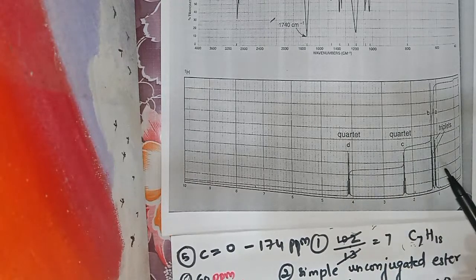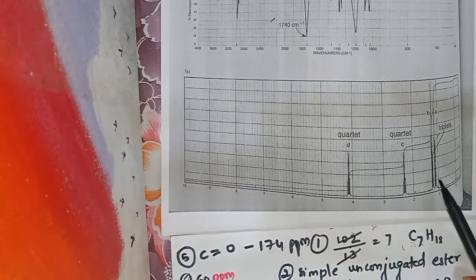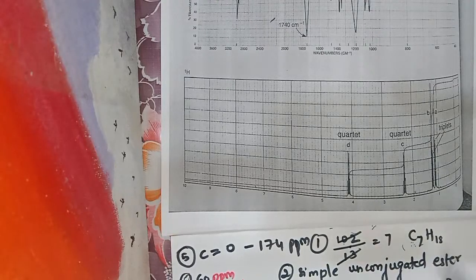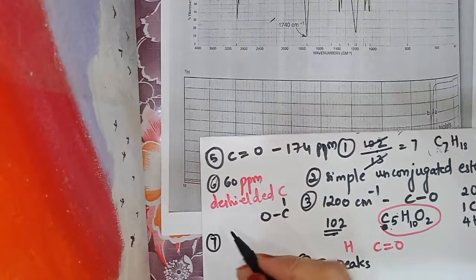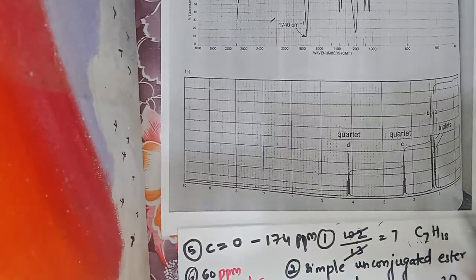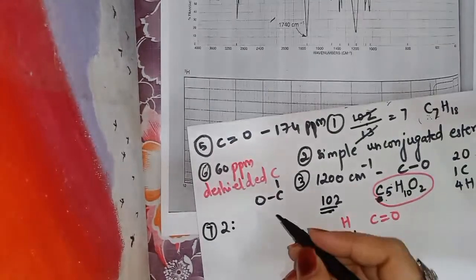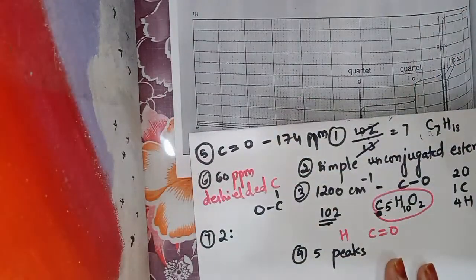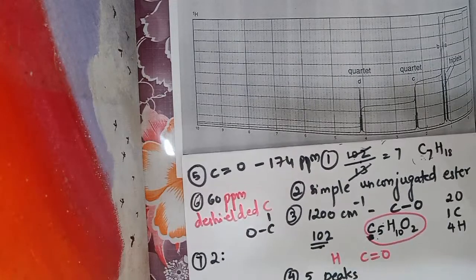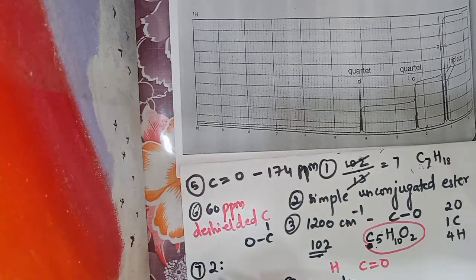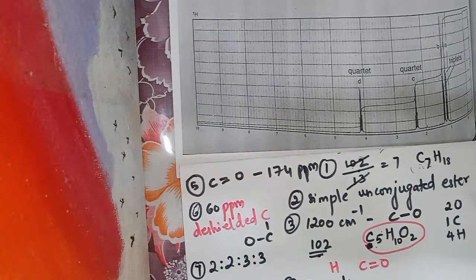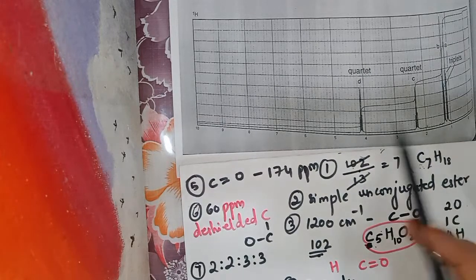Okay, so using this integral traces on the spectrum, we can conclude that the peaks shown have the ratio of 2 is to 2 is to 3 is to 3, downfield to upfield.